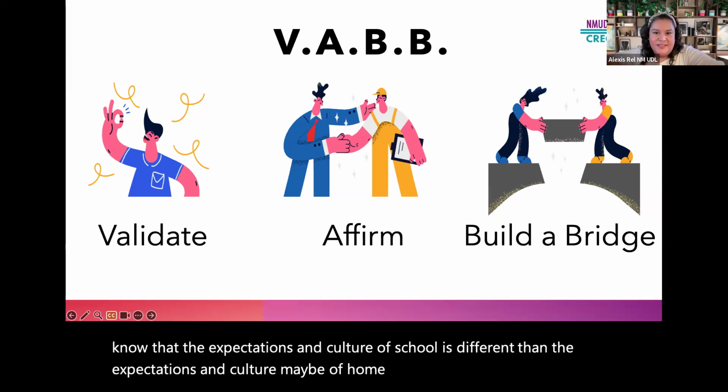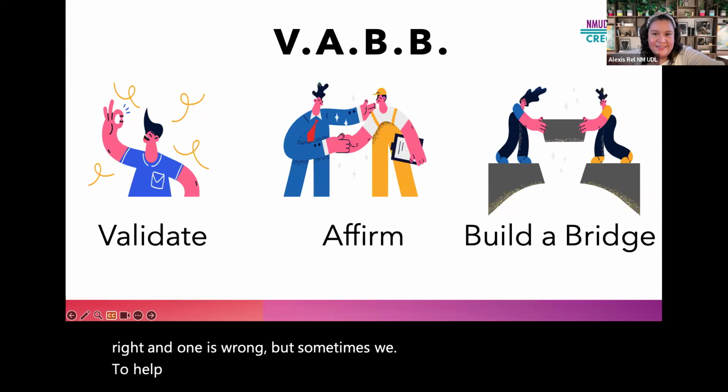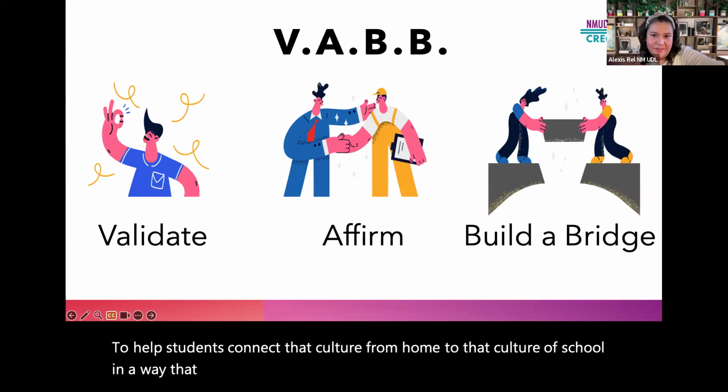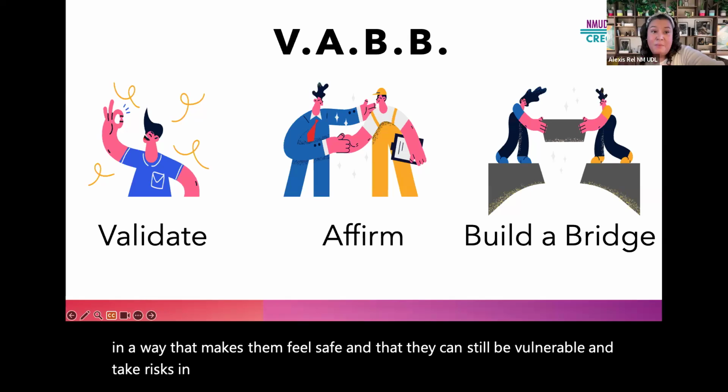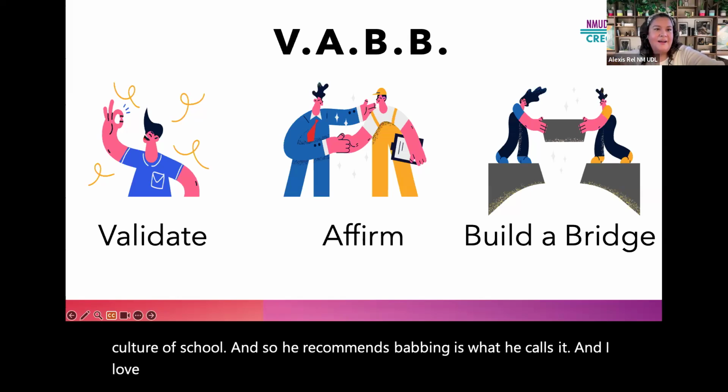It's not to say that one is right and one is wrong, but sometimes we need to help students connect that culture from home to that culture of school in a way that makes them feel safe, and that they can still be vulnerable and take risks in learning, but that they also learn what the expectation culture of school is. And so he recommends what he calls babbing, and I love it.